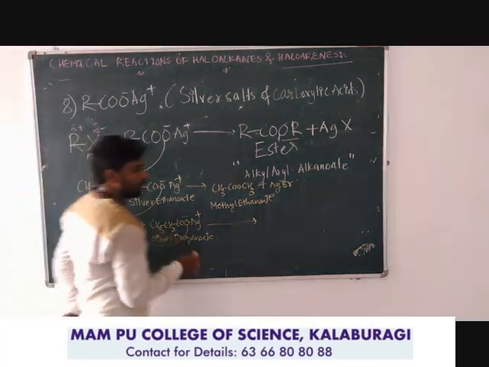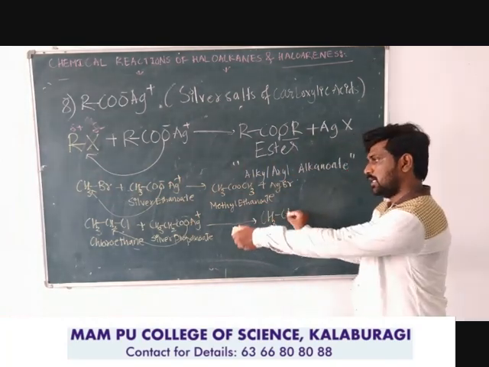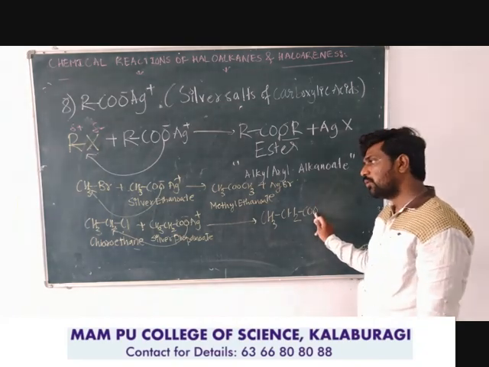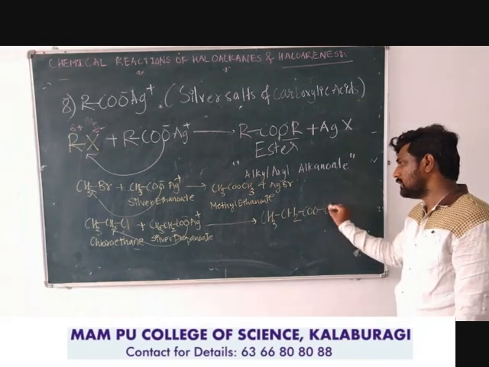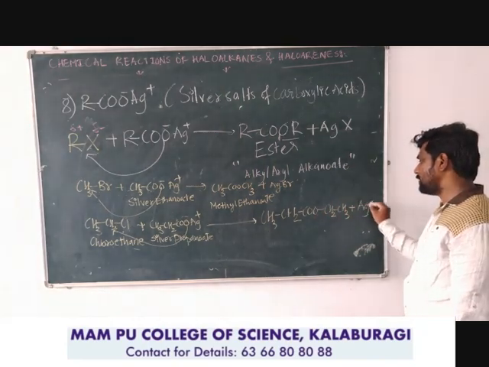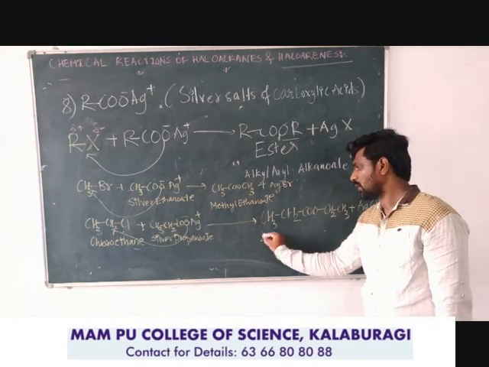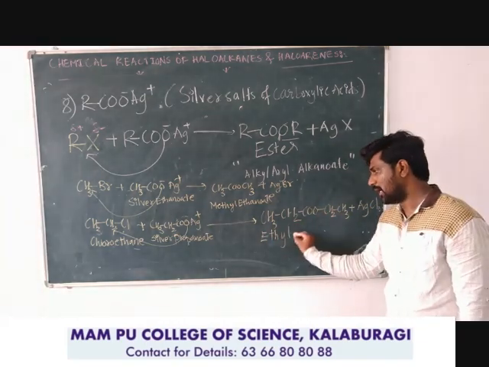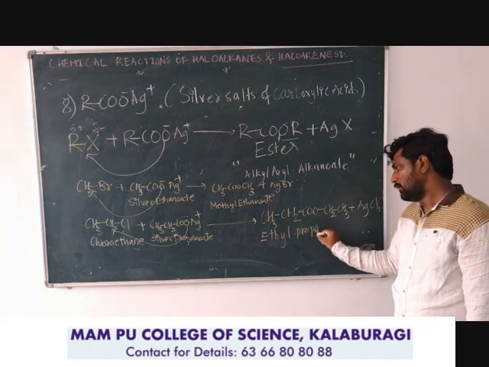So here we are getting the product as CH3CH2COO, and the COO part is attached to the alkyl part of the alkyl halide, that is CH2CH3, and the byproduct is AgCl. The oxygen-bonded alkyl group is ethyl, so ethyl, and 1, 2, 3, prop, therefore propanoate.